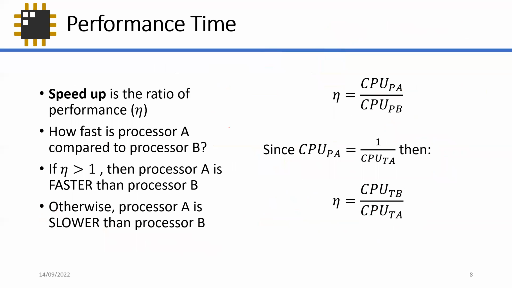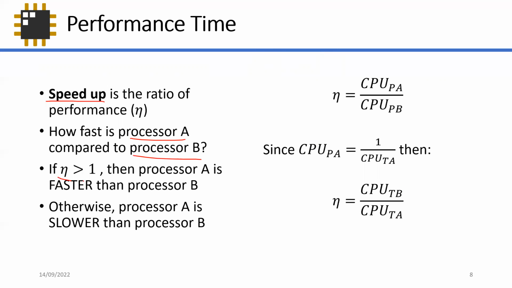Okay, so before we go into some exercises, another performance metric that we'd like to look into is what we call speedup. It's basically answering the question, how much faster is this processor compared to the other? So how fast is processor A compared to processor B?